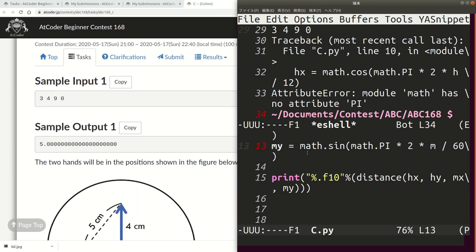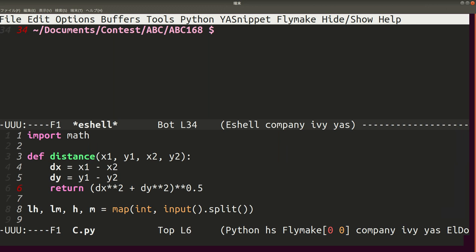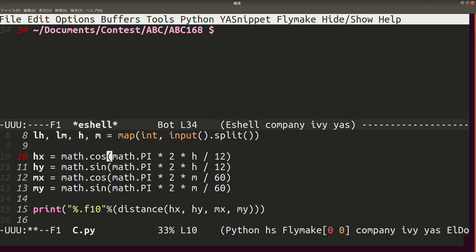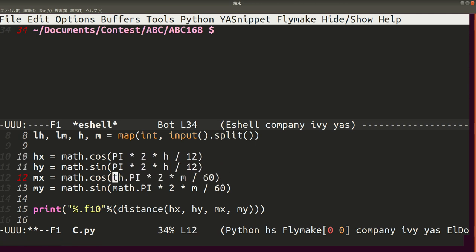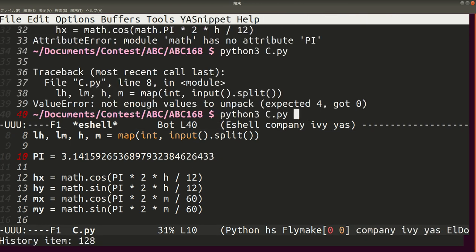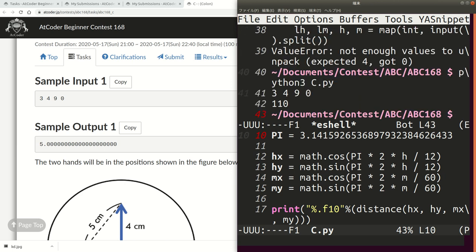There is no pi, so I will give the pi. No pi? Really? And pi is something like this. And 3490. Really?